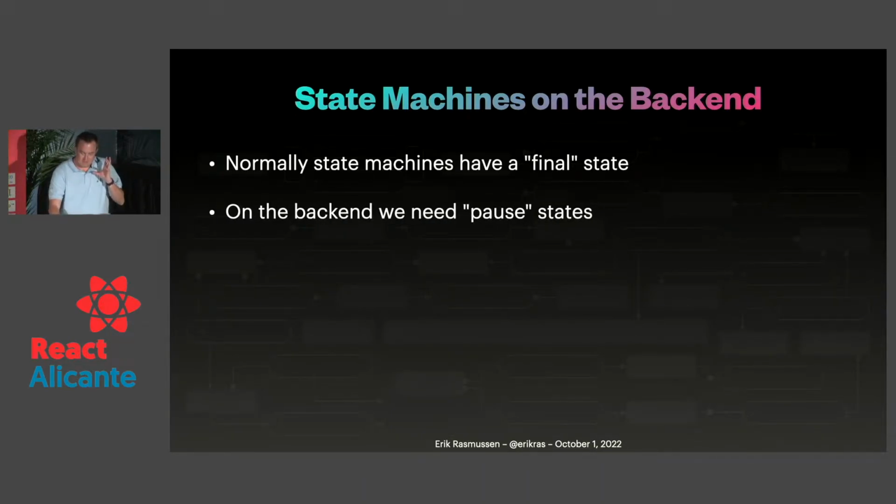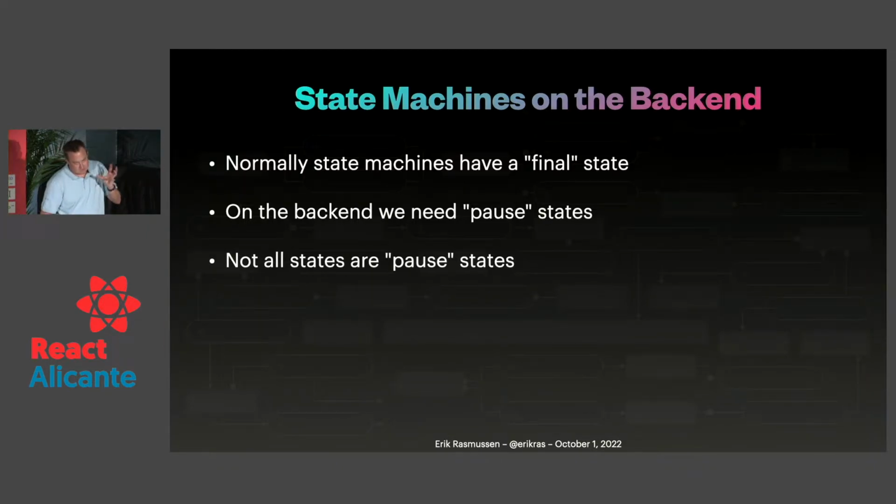But on the back end, if we're going to give data back to the user, we need what I'm calling pause states, where you transition to various states, and you have to mark some of them as being, when you get to this state, even though it's not a final state, you need to give the response back to the user.